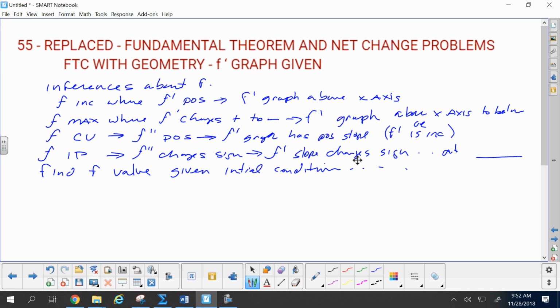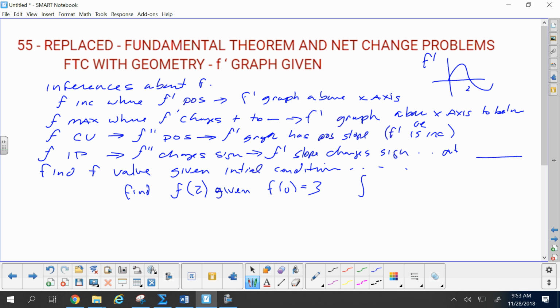So, for example, if I asked you to find f at 2 given f at 0 is 3 or something like that, how would you do that? Assuming you had a graph of f prime. Maybe it looks like this. Fundamental theorem. Okay, you should. I go way back to the very drawing board.